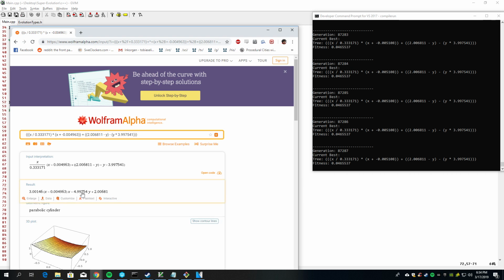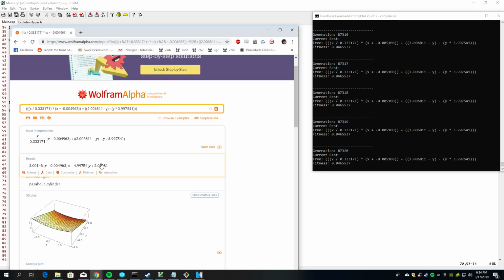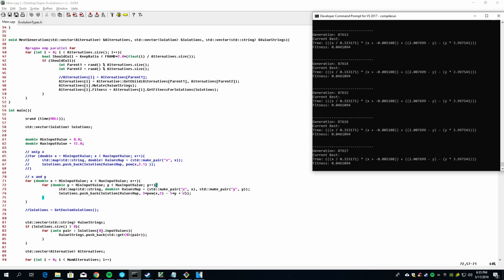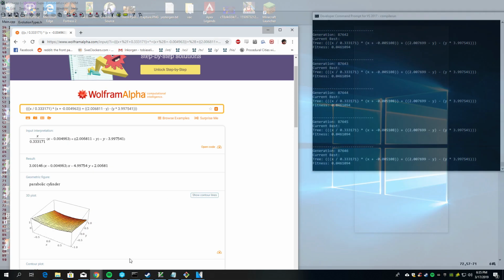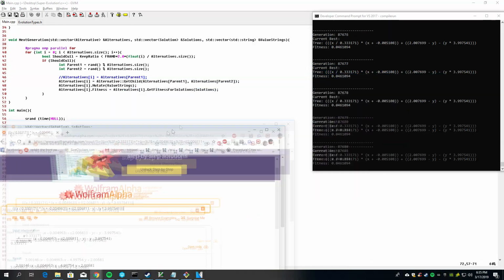Okay, we can look at this, and it looks fine to me. It's 3 times x, very close to x times x, so very close to 3x squared, minus very close to 5y, plus very close to 2. The longer I let this run, the closer it gets. And this was our equation. I'm satisfied with this result.